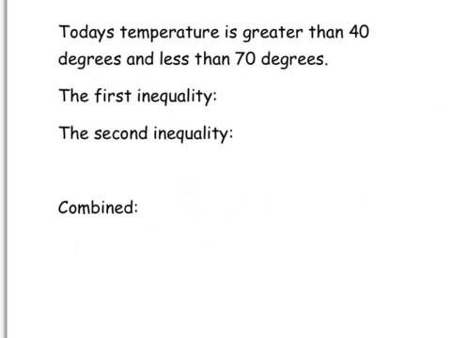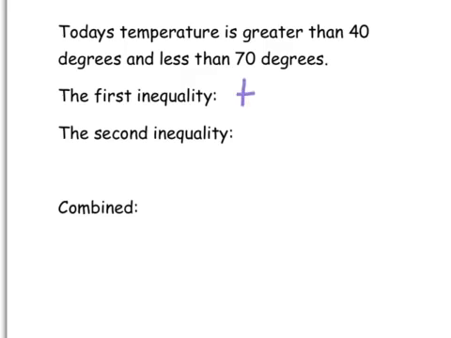Okay, so this is where it gets a little tougher, and this is why I was trying to make sure that you guys understood just ordering it. So we have two inequalities here. It says, today's temperature is greater than 40 degrees. I'm going to use T for temperature.